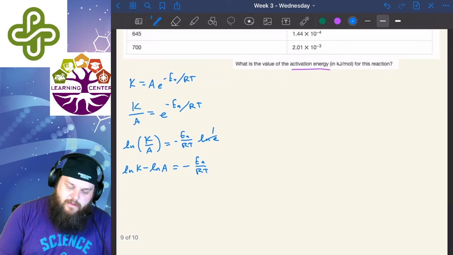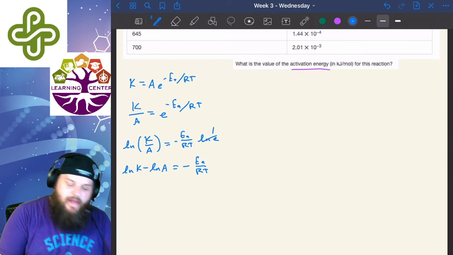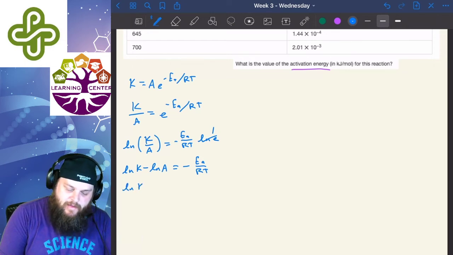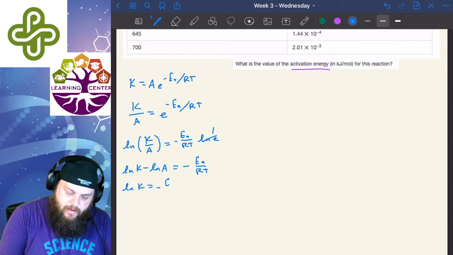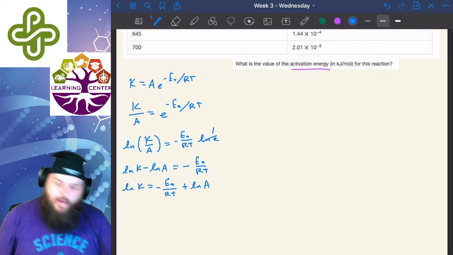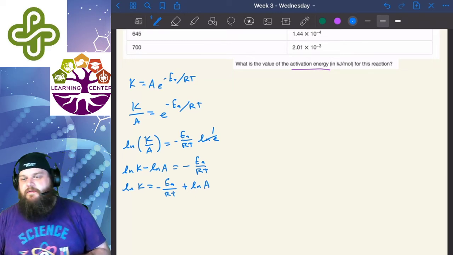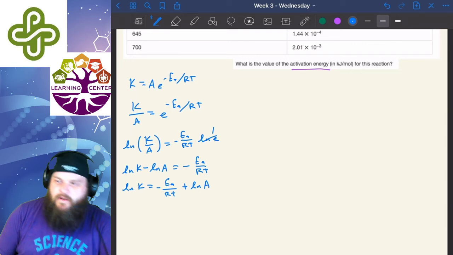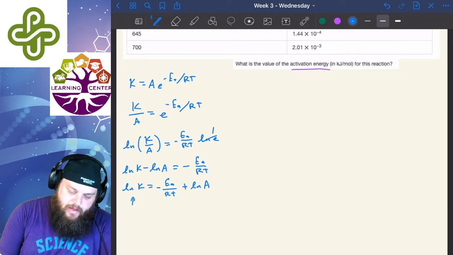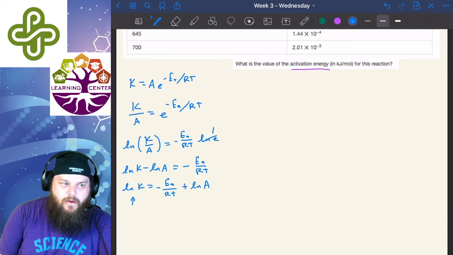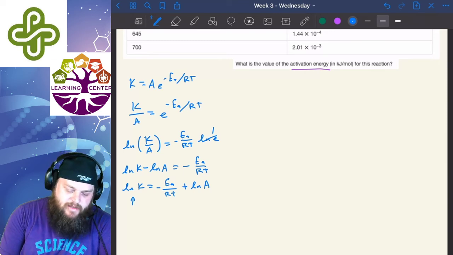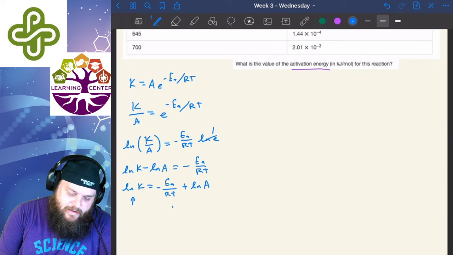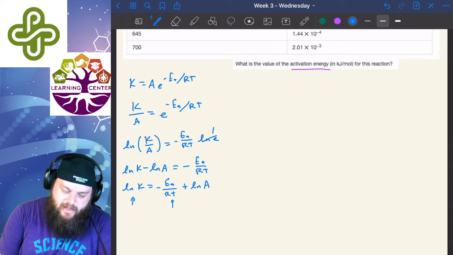Now I can shift that ln of A over to the other side simply by adding it to both sides. That's the natural log of k is going to be equal to negative Ea over RT plus the natural log of A. And now we have something that kind of resembles a linear equation, where we have some value over here, which is k. k is not a constant, but it can be inversely proportional to T in this case.